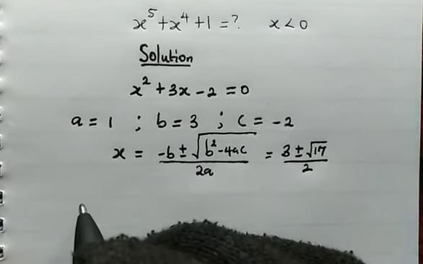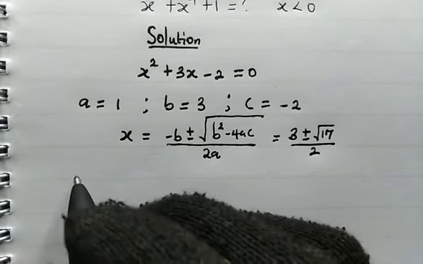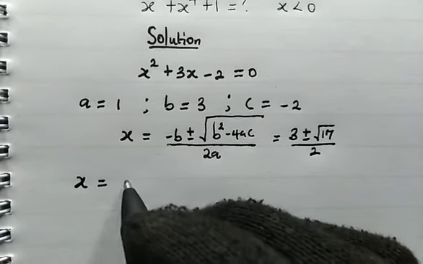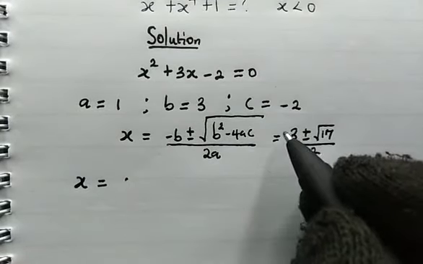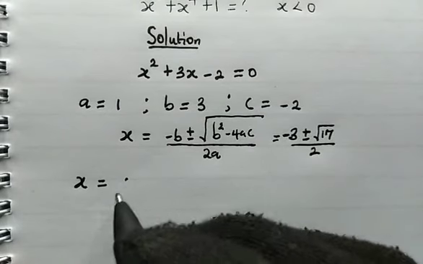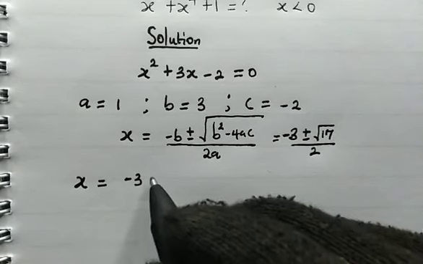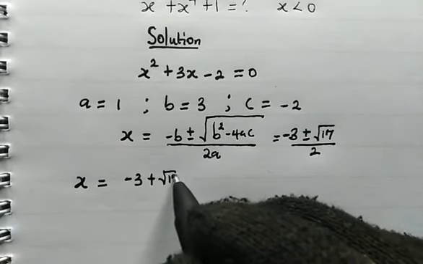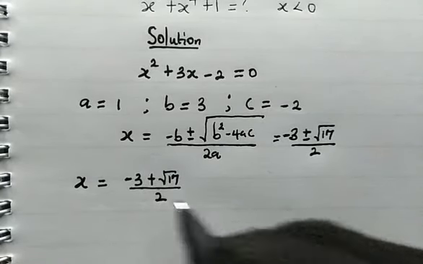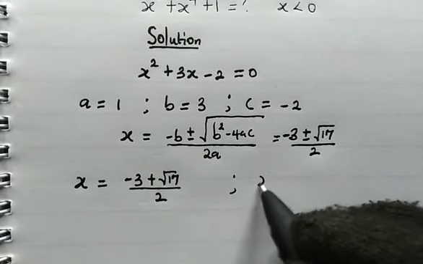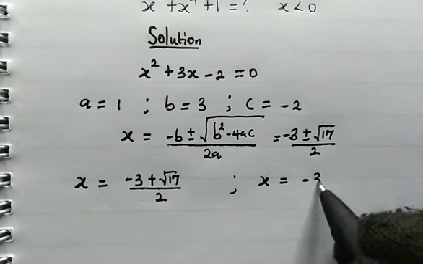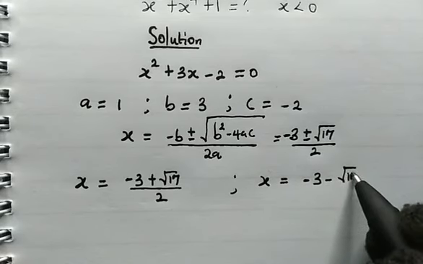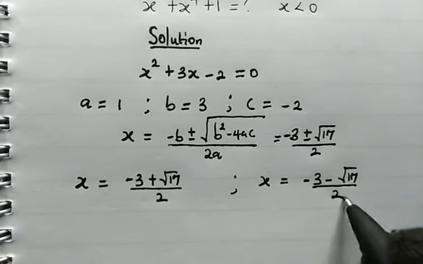So from here we have the two values. We have x equals negative 3 plus root of 17 over 2, and we have x equals negative 3 minus root of 17 all over 2.